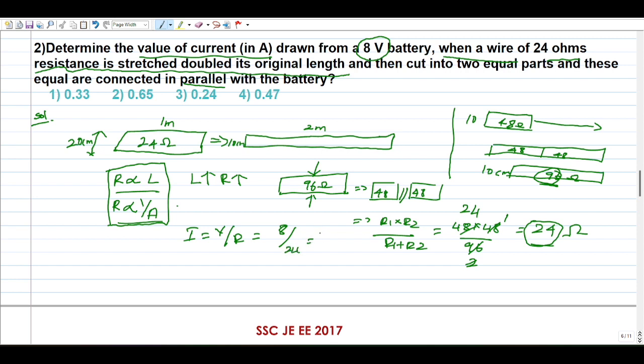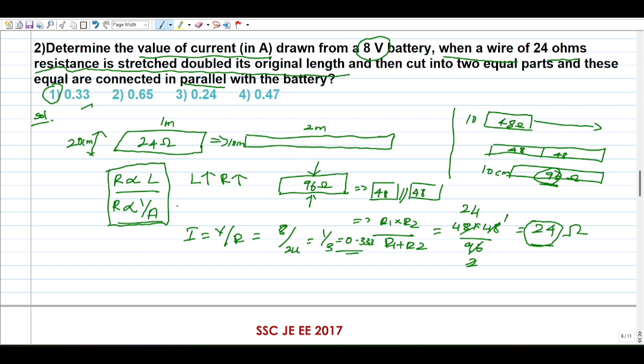If we solve this, we get 0.333. The answer is 0.33, so the answer is option 1, 0.33 amps.